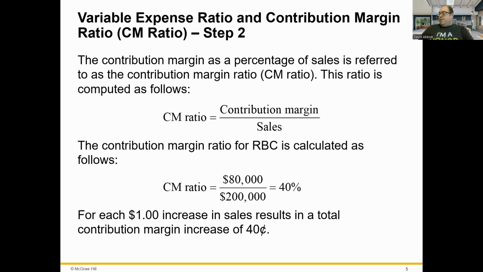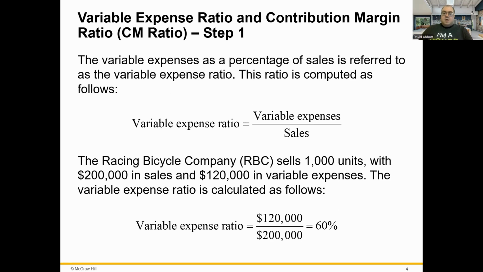So now the CM ratio is calculated by dividing the total contribution margin by the total sales. So the contribution margin is what we just calculated here.